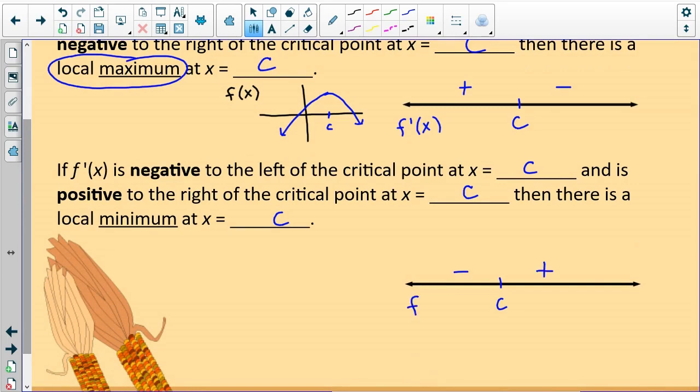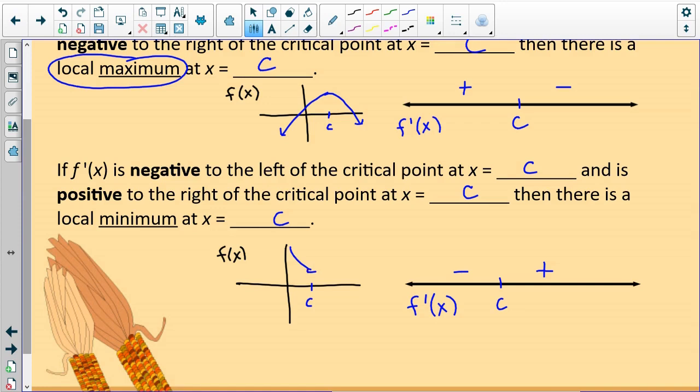So if I have, again, a little chart of f', and it's negative to the left and positive to the right, if I take a look at the graph of f(x), that means we're going to have at some point c a spot where my function, since f' is negative, that means that the slopes of my tangent lines are negative, which means my function is decreasing.